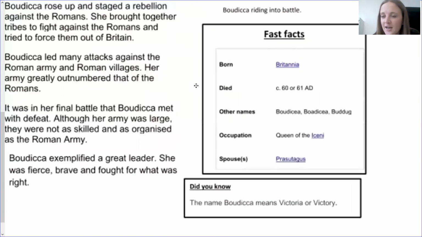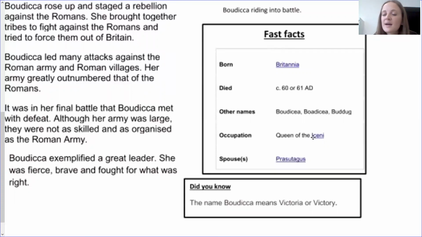We've got fast facts about her here. We've got that she was born in Britannia, which is another way of saying Britain. It's a very old way. She died in 60 or 61 AD. Other names, you may have seen different spellings of Boudica. So Boudicca, Boadicea, Badug. So there's different ways of calling her Boudica, and it could be dependent on who was saying it. Her occupation, so what she did for a living.